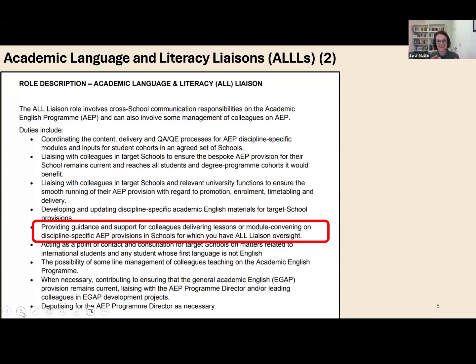So we really had to think carefully about distinguishing the liaison role, which is about building those links and those contacts with departments, from the module convener role. The module convener role is set at a university level. The university has plenty of descriptions of what that involves. So it was the liaison we really had to focus on.